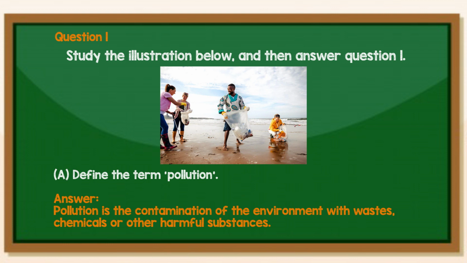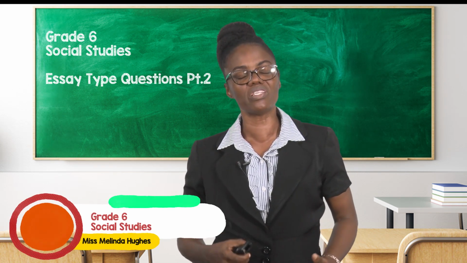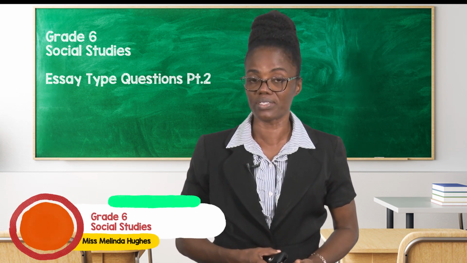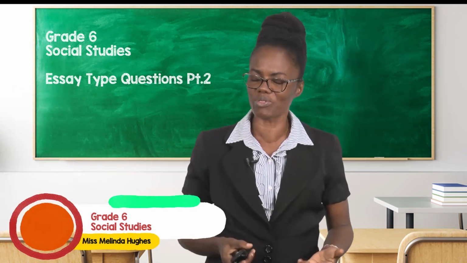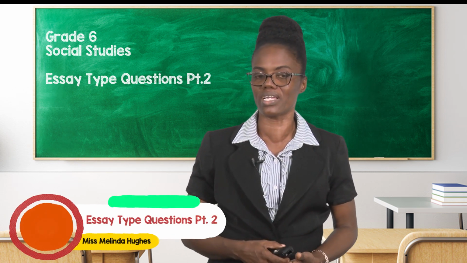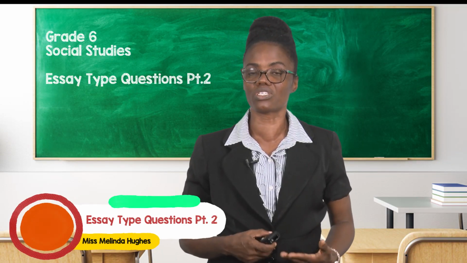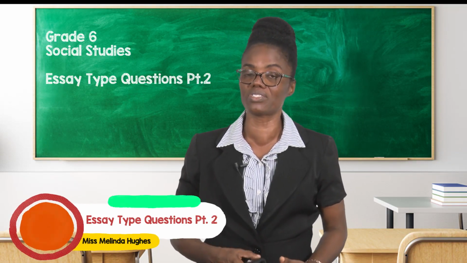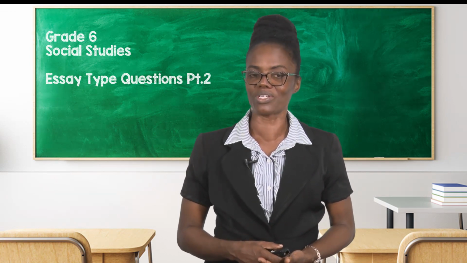So boys and girls, if you have that on your paper, you can give yourself a mark. Or if you simply have, pollution is the contamination of the environment with unwanted stuff, that is correct, because some of you write that way. You can mark that as well.